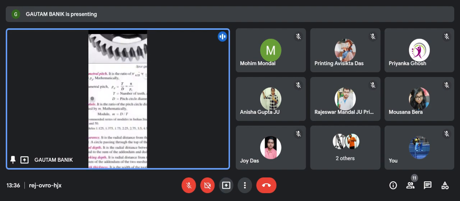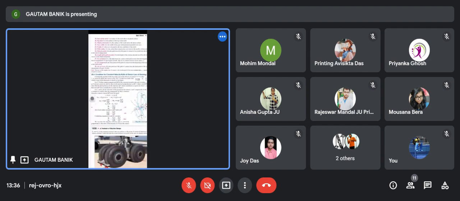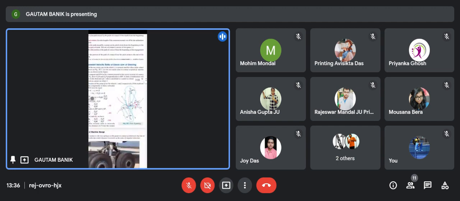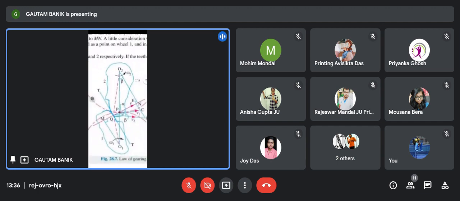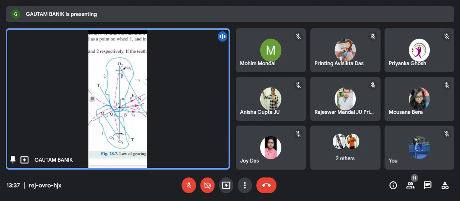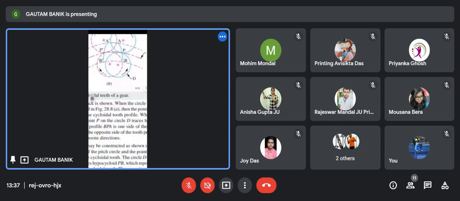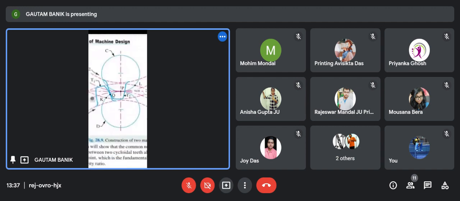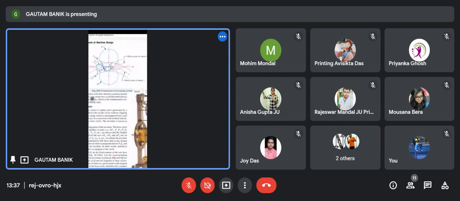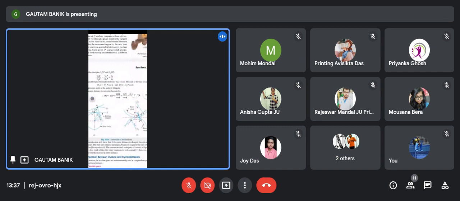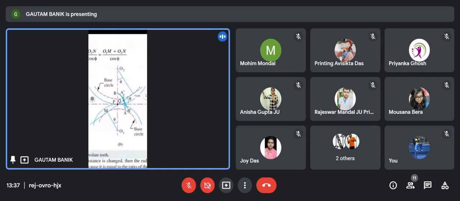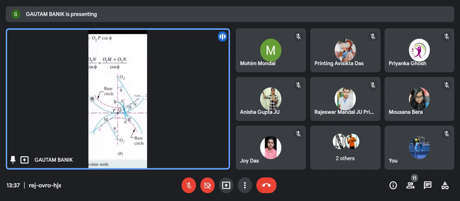I am showing the figure because here two meshing gears form a geometry, that is the pressure angle. Pressure angle is this. You see this pressure angle.